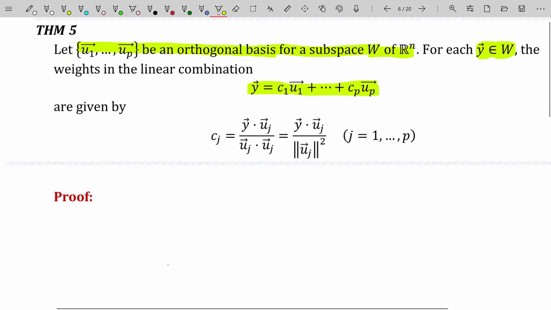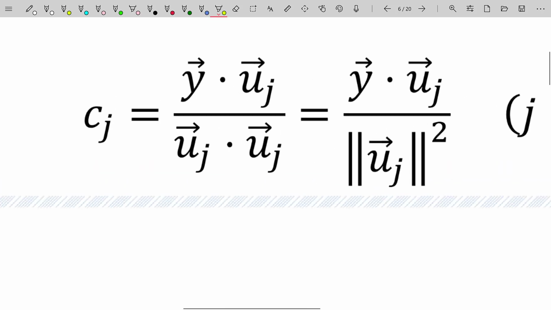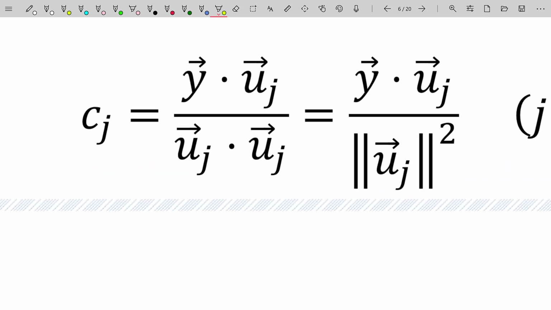Well, it turns out those weights are given by this very complex looking formula, which is going to be very important as we move forward. You're not going to forget this formula, I promise you. It is a formula that you use over and over again from this point forward.